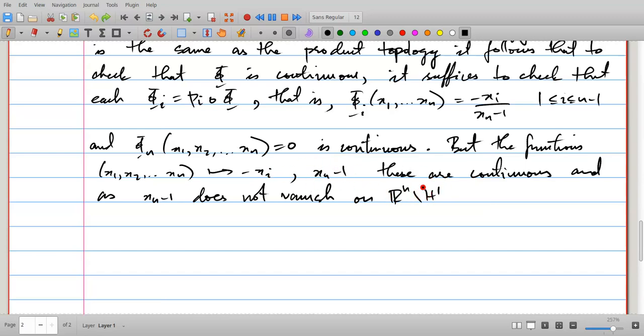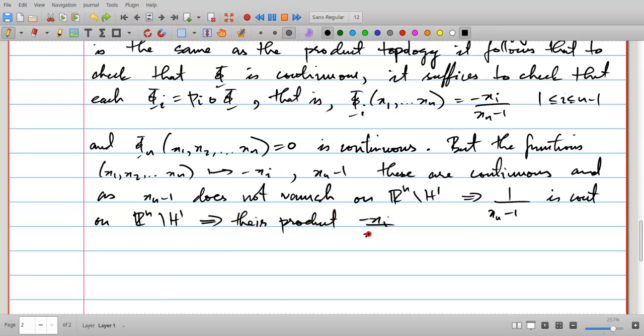And as xn minus 1 does not vanish on Rn minus h prime, this implies that 1 upon xn minus 1 is continuous on Rn minus h prime. And then this implies their product, that is minus xi upon xn minus 1, is continuous on Rn minus h prime.